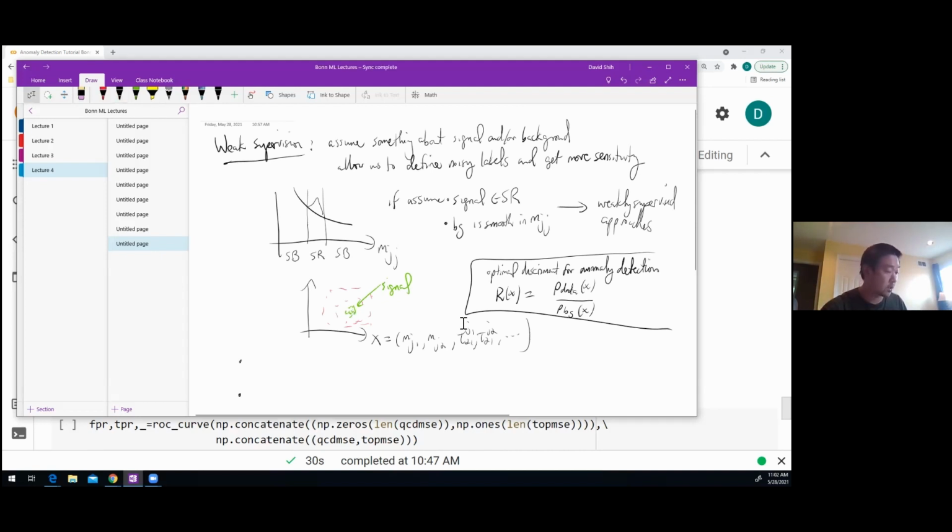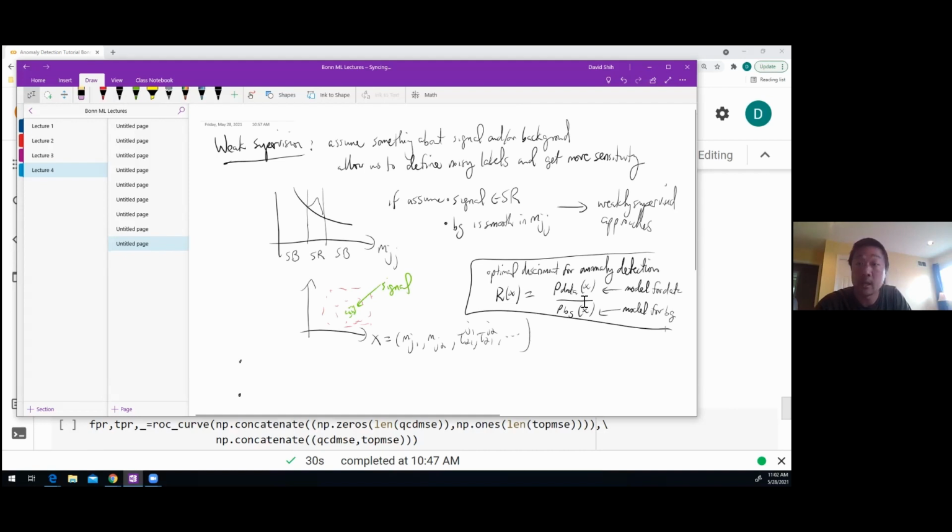So let's consider this likelihood ratio. I want to think of anomaly detection as a hypothesis test between data and background. And how does that make sense? So this is a model for the data, and this is a model for the background. So it's not the actual data distribution, but a model for the data.